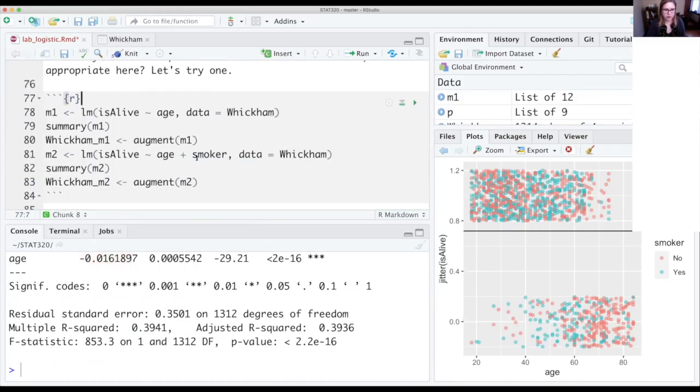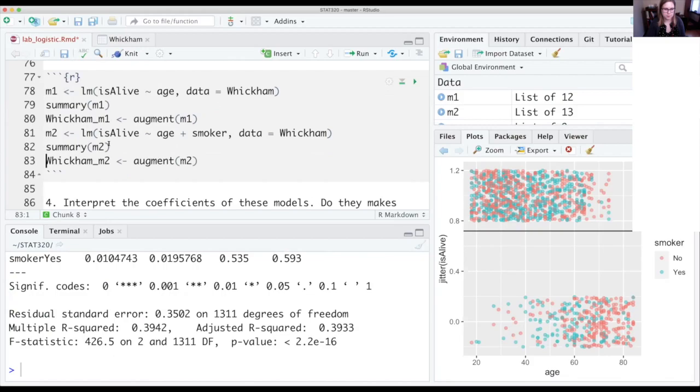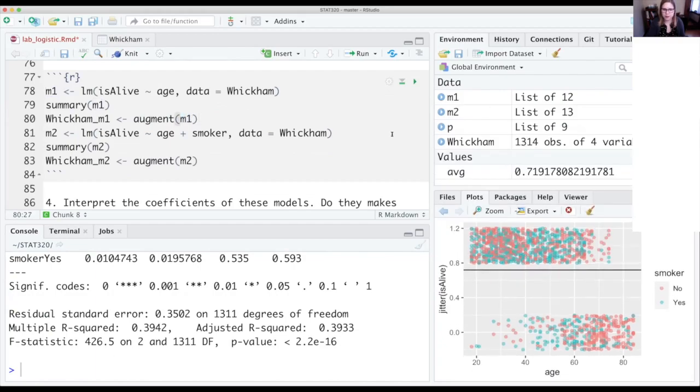I could also do a multiple regression model with age and smoker status. And then I'm using the same function twice. Augment is a function from the Broom package. You can run it on a model object, and it will create something like the original data set, but it just takes the relevant stuff from the data and puts on some model information.